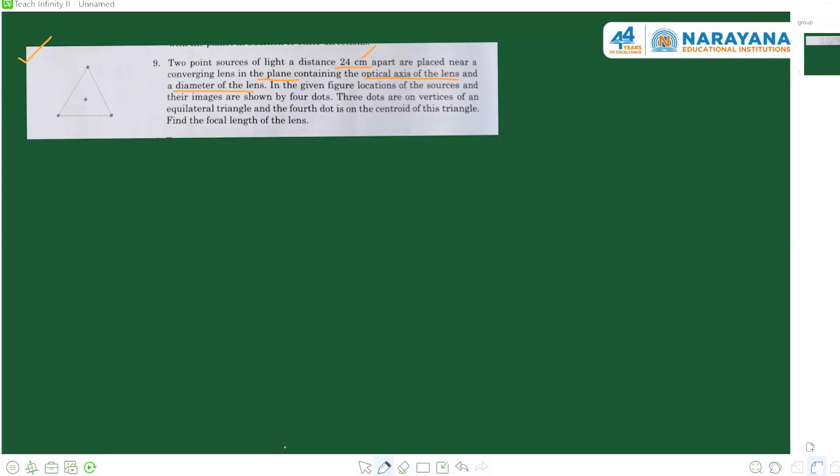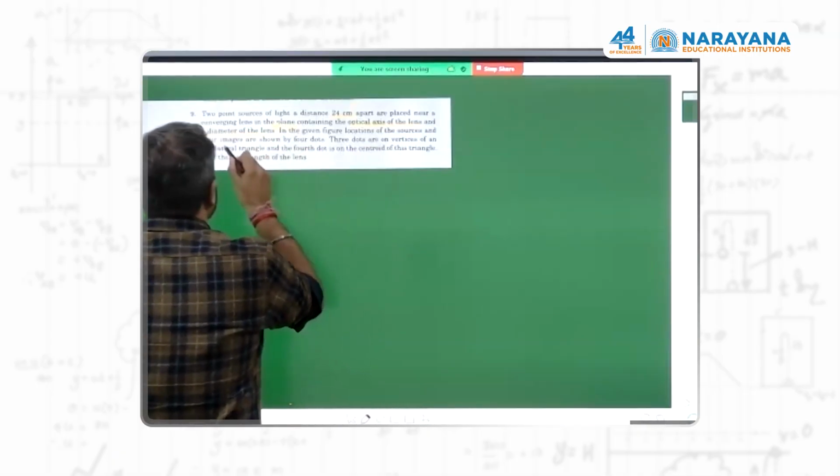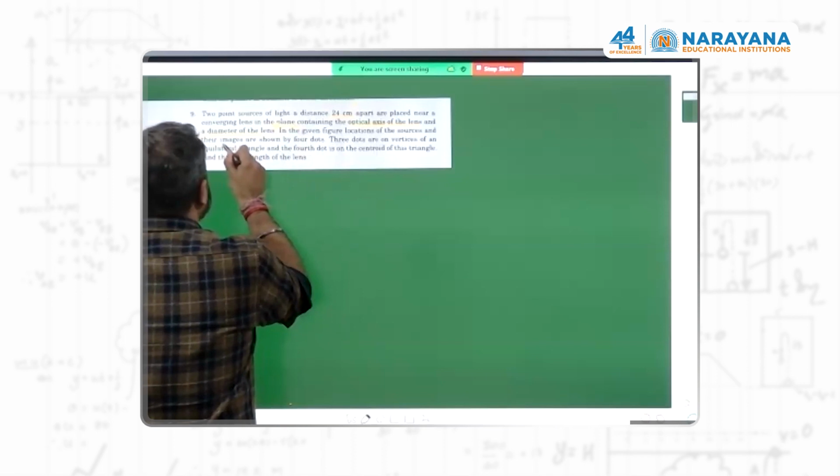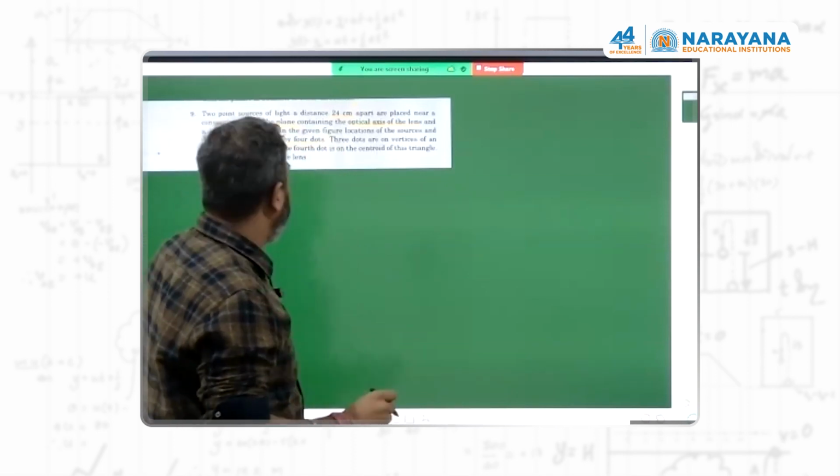lens, and the plane which is given on the board, that plane is the same. So practically the aperture diameter and the principal axis, that plane is the plane of this triangle which is given. Now the question is such that in this figure, the location of the sources and their images is shown by 4 dots.